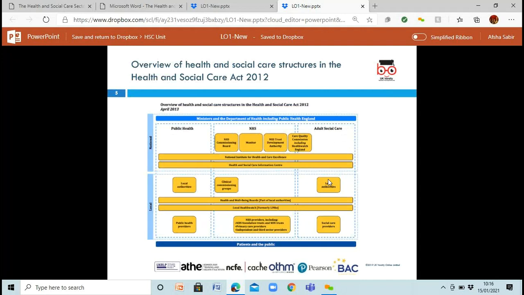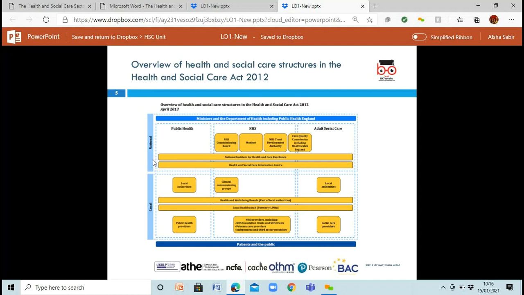So over here, we've got a chart which shows the overview of the health and social care structures. This is within the Health and Social Care Act. So this act is quite a big part of Learning Outcome 1. Now, within this, you can see the public health over here. Then you've got the NHS and you've got the adult social care. Right at the top are the ministers of the department, but they're like the central government.